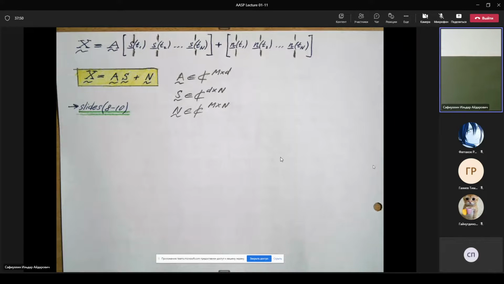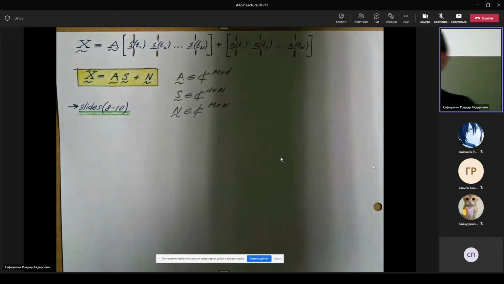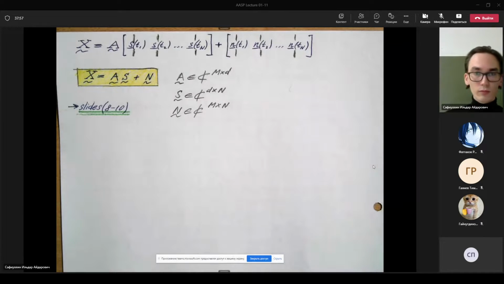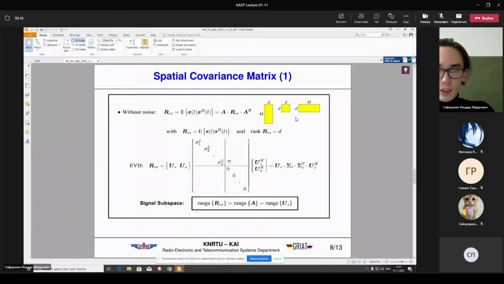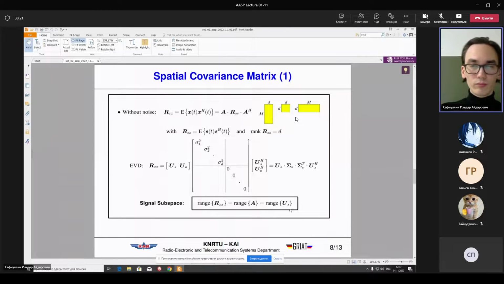So let me switch to the slides and then we will continue. Slide number 8. Here you can see the same things for these cases, when we first assume the case without noise. And here you can see this nice representation of eigenvalues.